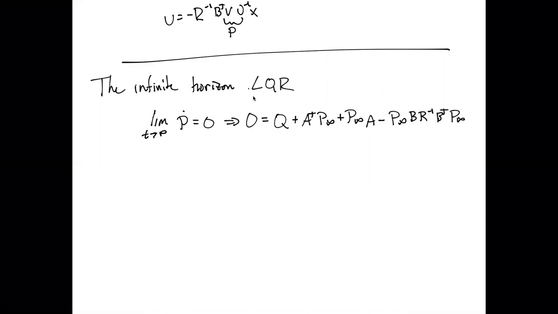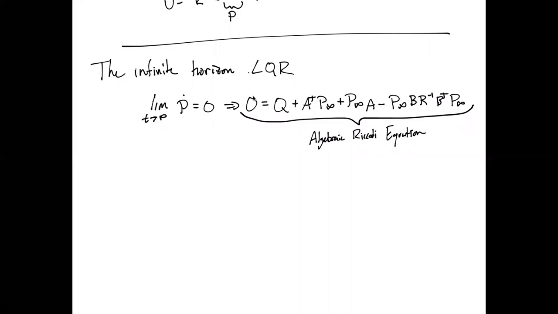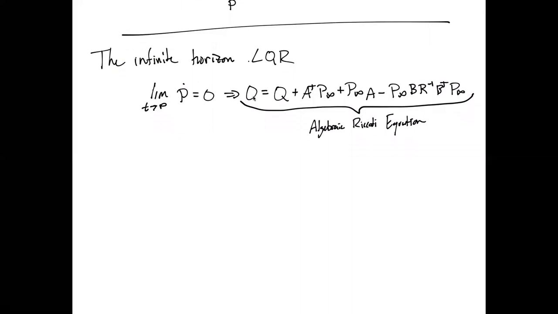And so this is just called an algebraic Riccati equation, different from the differential algebraic Riccati equation. All right, and so this equation you can solve for given R and Q. You can solve it directly for P naught.